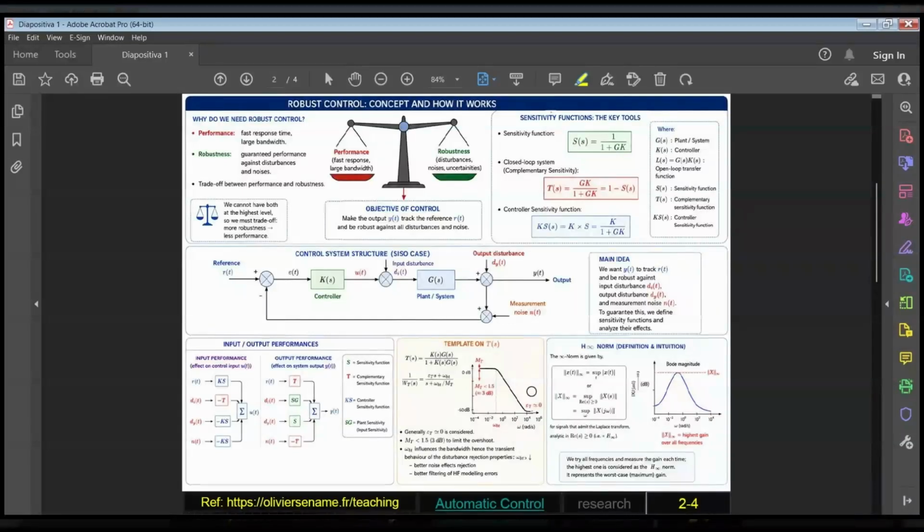This is exactly the desired shape of the complementary sensitivity function T. In the plot diagram, we use a logarithmic scale. Therefore, values close to 0 appear as very negative dB values rather than exactly 0.